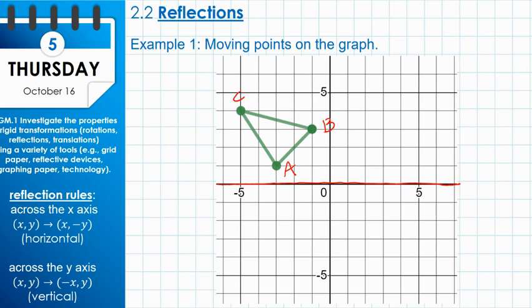First, we want to identify the coordinates. So A is at -3, 1. B is at -1, 3. And C is at -5, up 1, 2, 3, 4. C is at -5, 4.